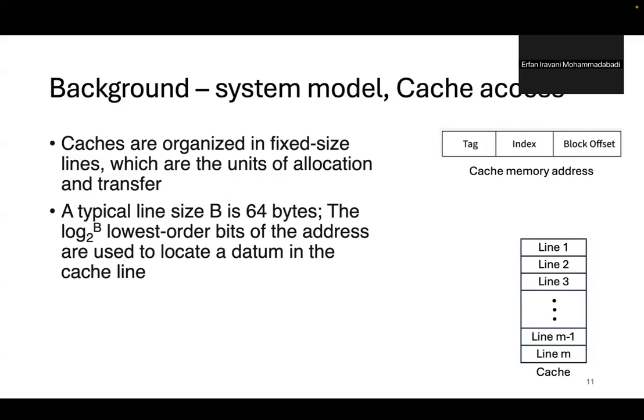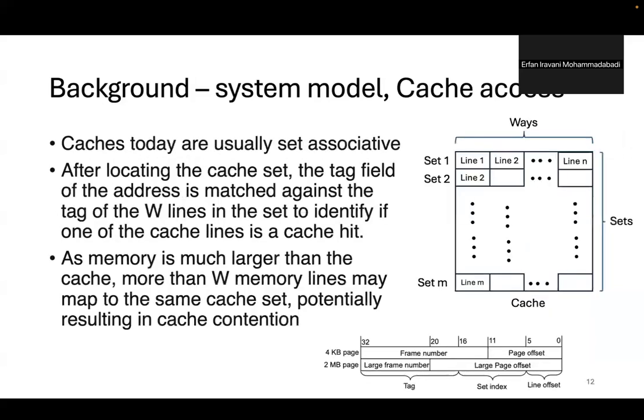A typical cache line size is 64 bytes, and when we access memory, the address is divided into 3 parts, as you can see in the diagram. There's the tag section, which identifies which memory block is stored in the cache. Then there's the index section, which determines which cache set we're looking for. And then there's the block offset, which identifies the specific byte within the cache line.